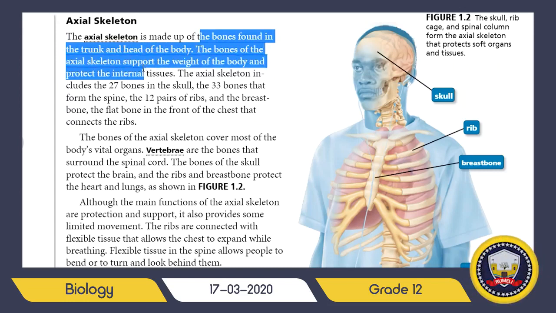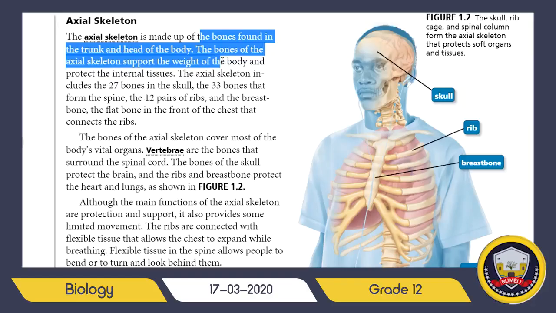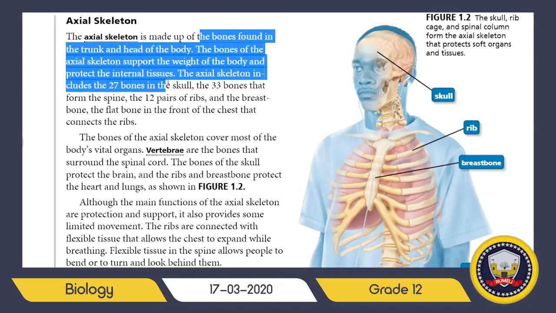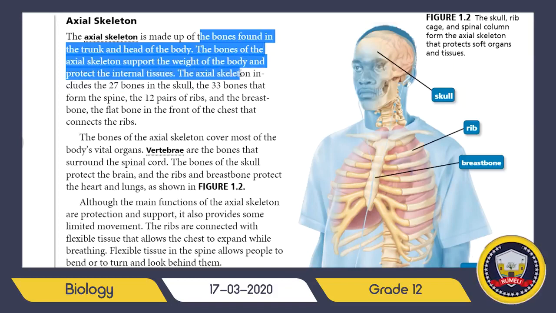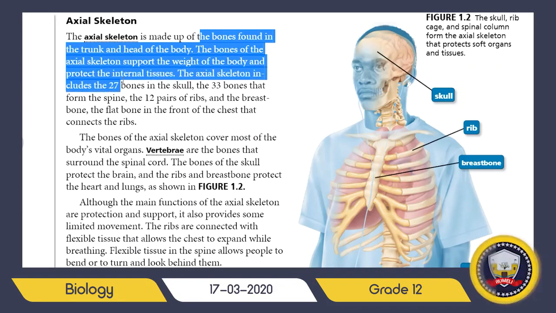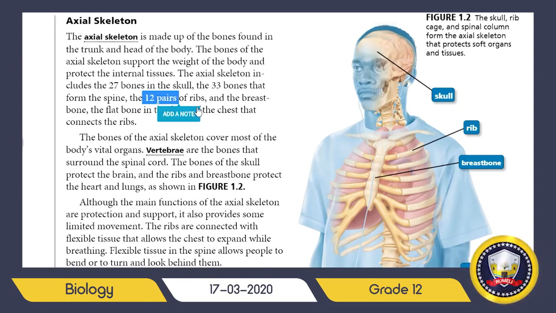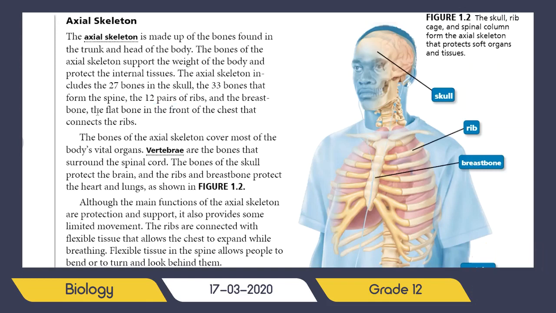The bones of the axial skeleton support the weight of the body and protect the internal tissues. The axial skeleton includes 27 bones in the skull, 33 bones in the spine, 12 pairs of ribs, and the breastbone, the flat bone in the front of the chest that connects the ribs.